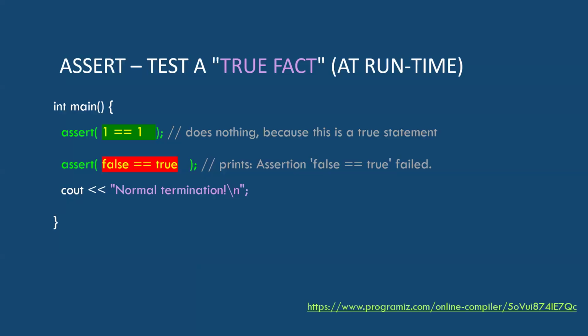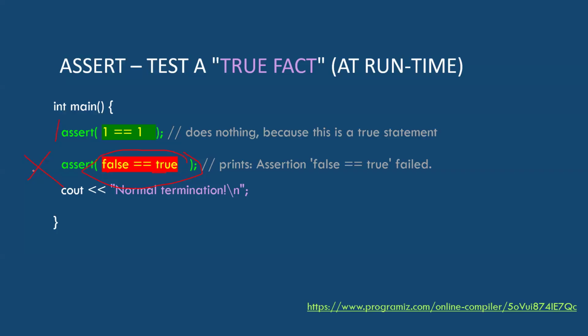Oh, sorry, sorry. I'm asserting that false is equivalent to true, so that would not be true, and so that's going to stop our program right there. Okay. So if this is true, we keep going. If it's not true, we terminate. So sometimes I mangle that one, but that's really what we're doing with those asserts.